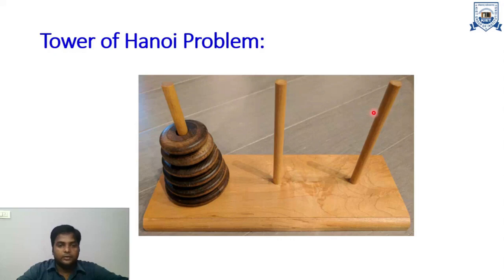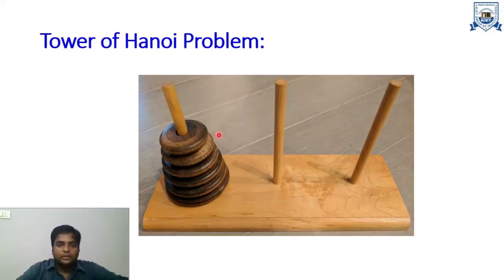The second rule is that no larger disk can be placed on a smaller disk at any movement of a disk. That means we cannot place a larger disk on a smaller disk. The third one is that only the top disk can be moved at a time. So we have to move the top disk.